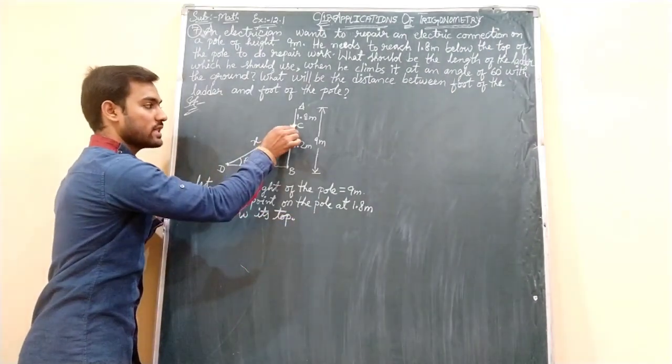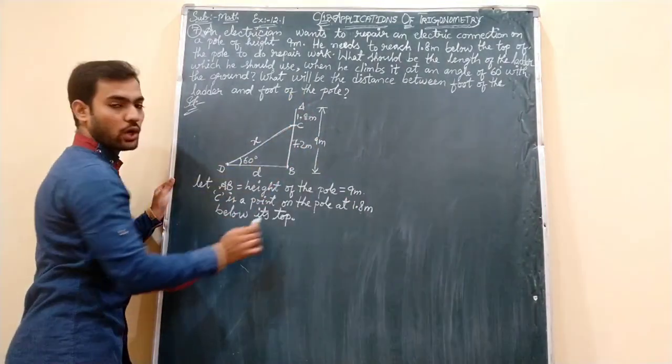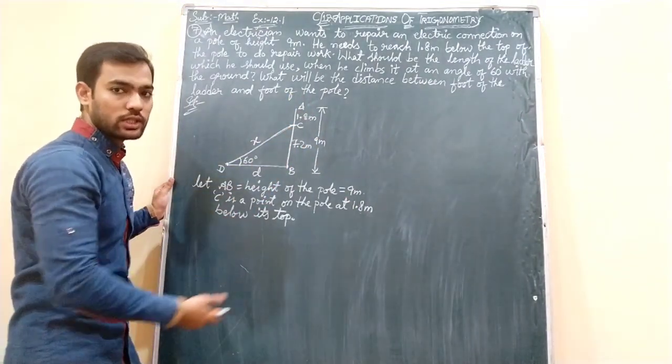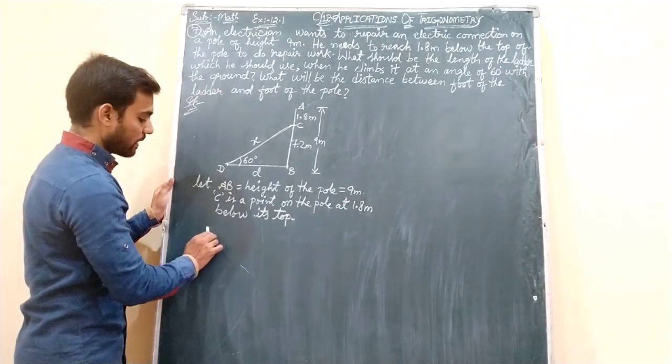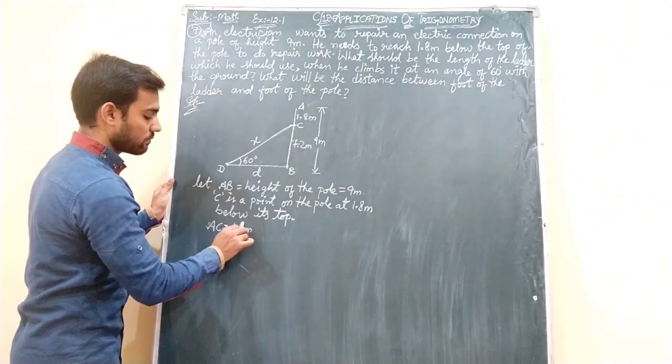Here we have taken one point C, which is 1.8 meters below the top. Okay, below its top means below the top of the pole. So here AC is actually 1.8 meters.